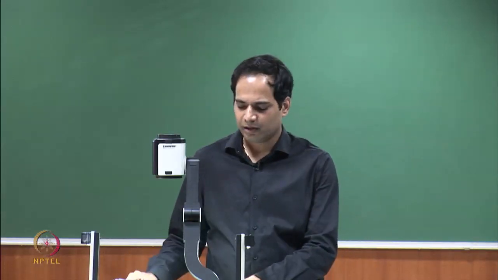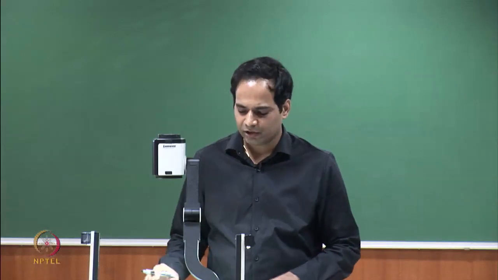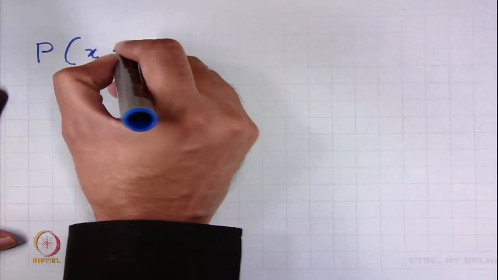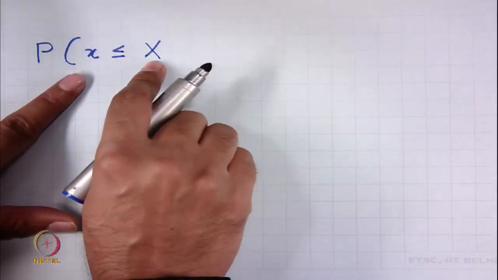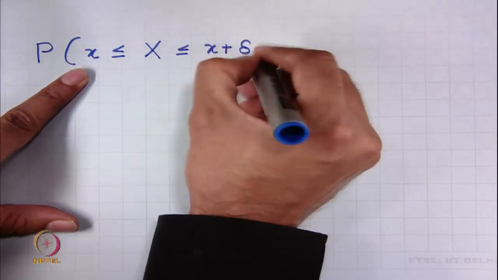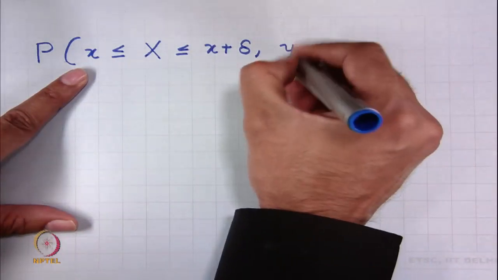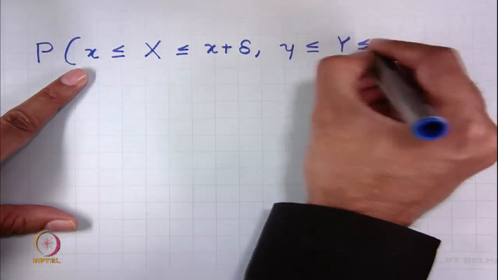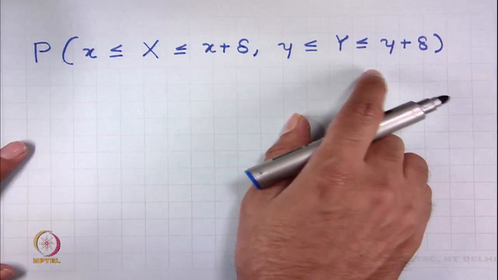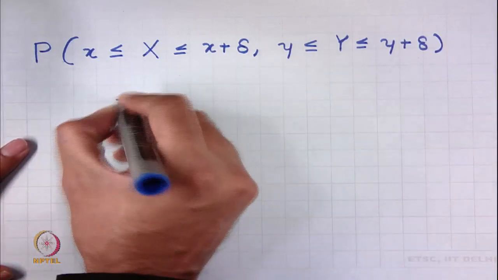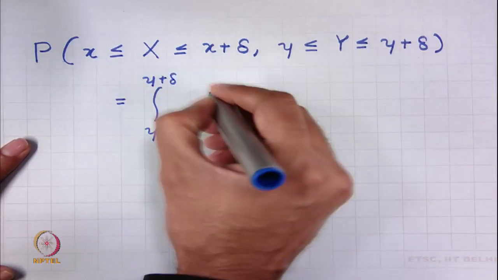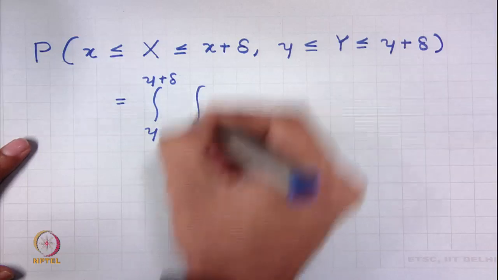And as we have done for the single random variable case, the approach is essentially similar. So, I would be interested in the probability that this random variable x lies between x and x plus delta, and the second random variable y takes a value between y and y plus delta, and if I use the expression that I have just written before, what I would get is y going from y to y plus delta, x going from x to x plus delta.